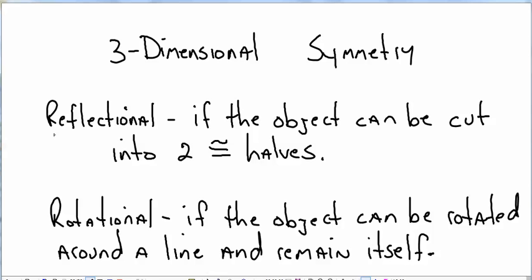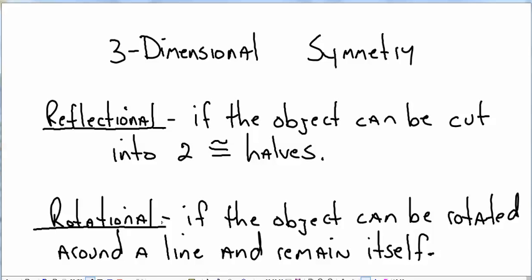So if you look at the bowl again, does the bowl have rotational symmetry? And where would that line of symmetry go? Vertically, right through the middle, wouldn't it? So if you rotate it around that line, it stays itself?